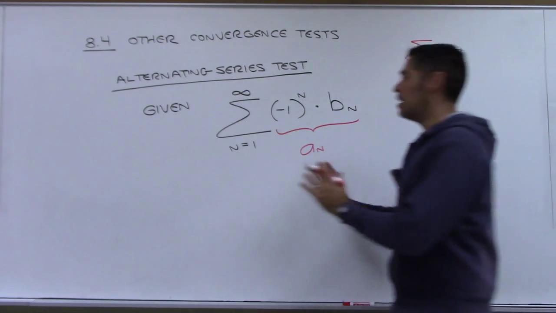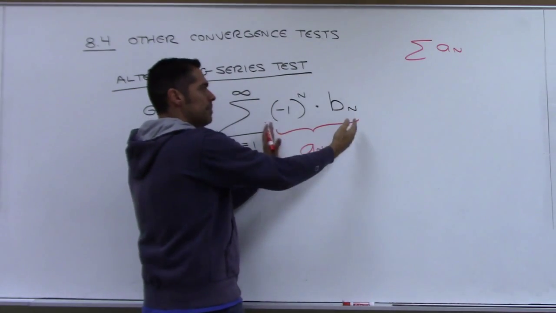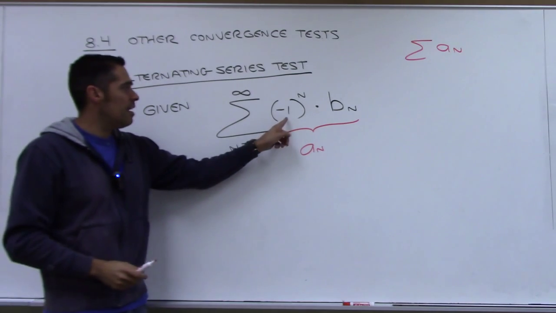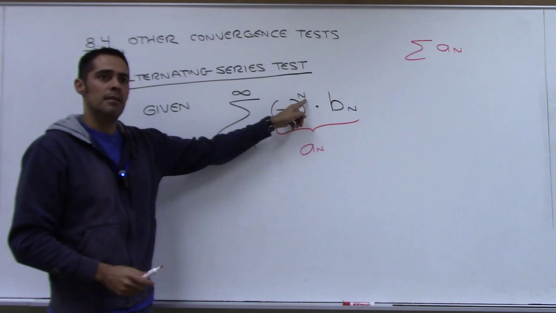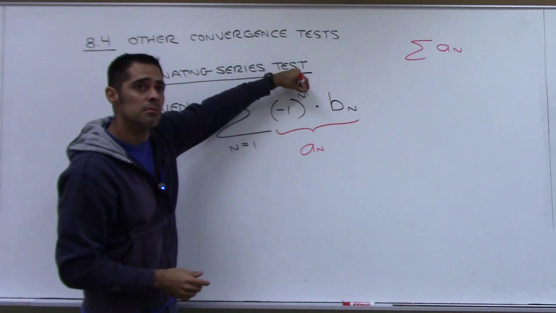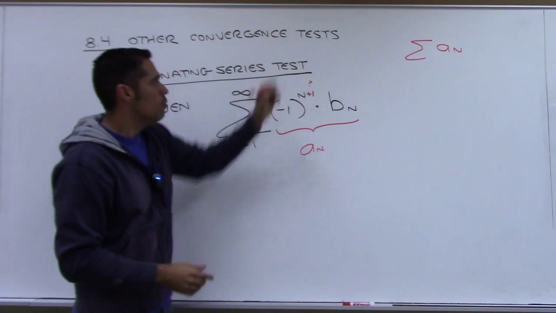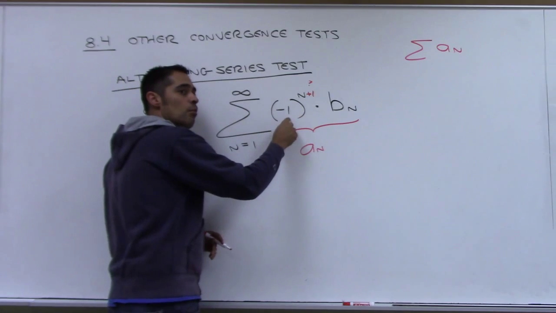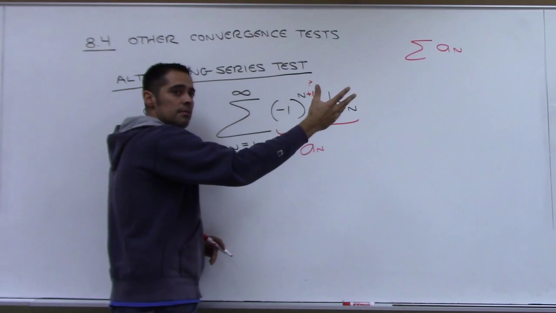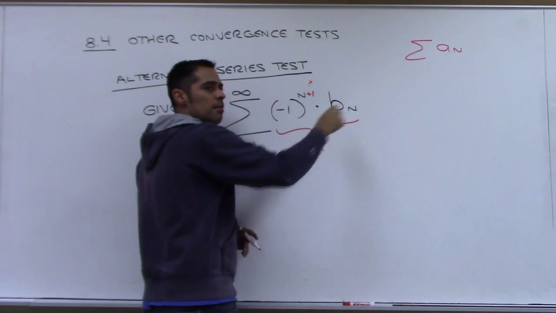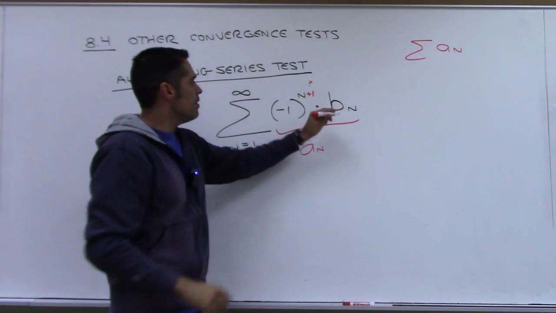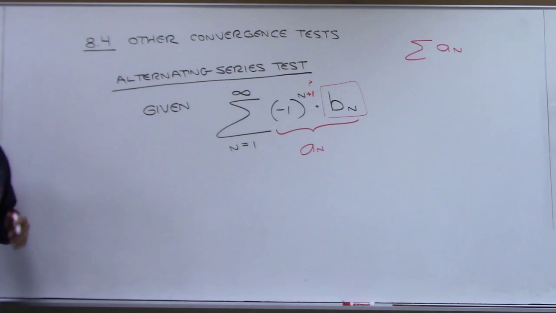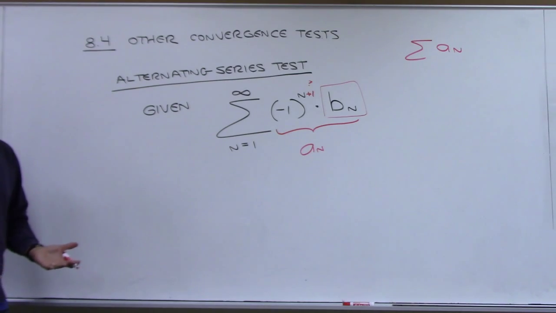Well, what if we're looking at a series, again, it's A sub n, it's something, but it's switching signs. If it switches signs, we know that it must contain a negative 1 raised to a power, right? Now that could be plus 1 also, depending on where it starts. It could be positive or negative for that first term, couldn't it? But it must have a negative 1 to make the switching of the signs happen. Then attached to that is the rest of the sequence, right? This rest of the sequence that does not have the negative attached to it is the B sub n. We're going to call that B sub n from now on, all right?